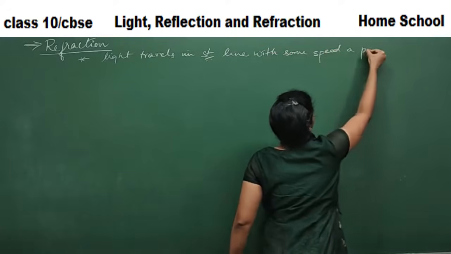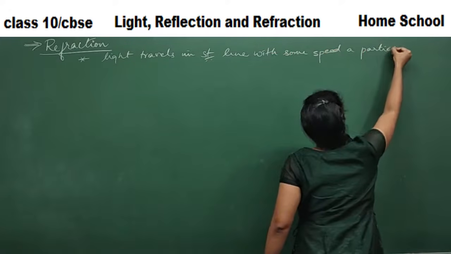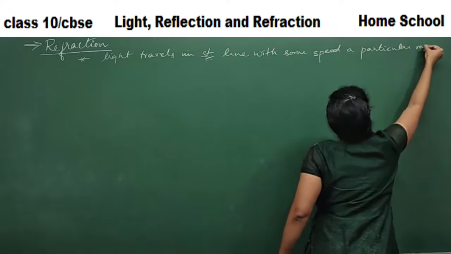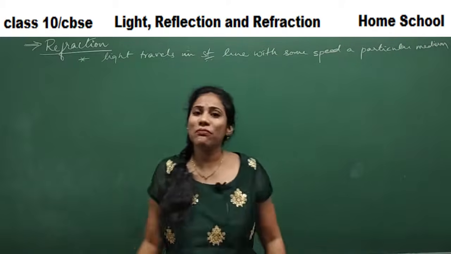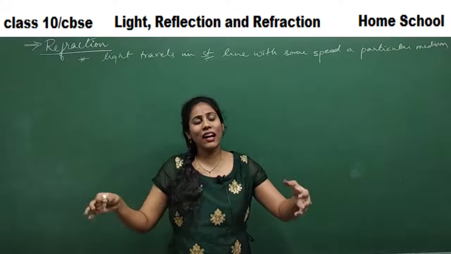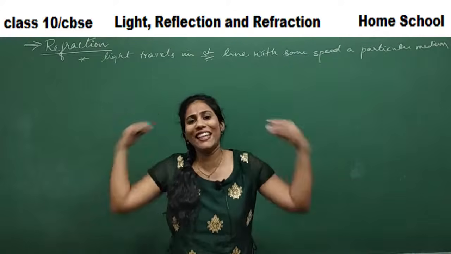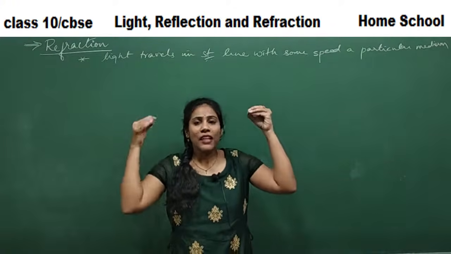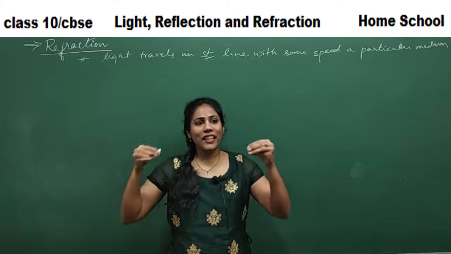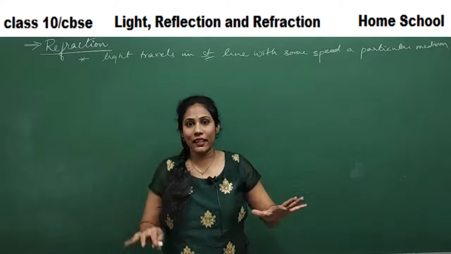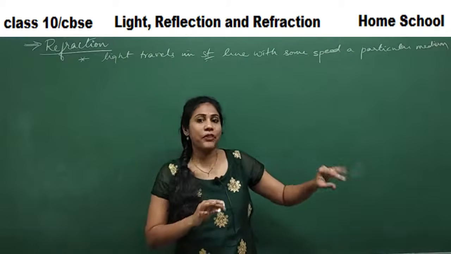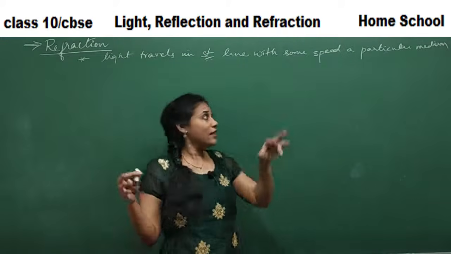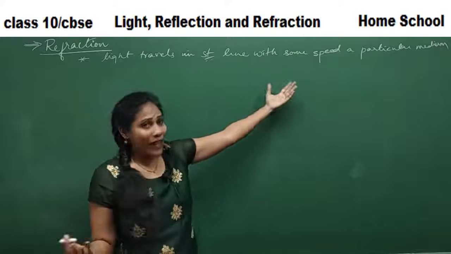Say for example, in case of vacuum, what do you mean by vacuum? Vacuum is an area which does not contain anything. It will not have any air, it will not have anything. It's an empty space, and that we call vacuum.